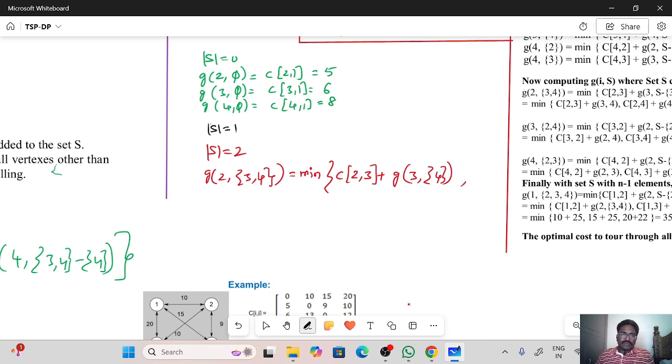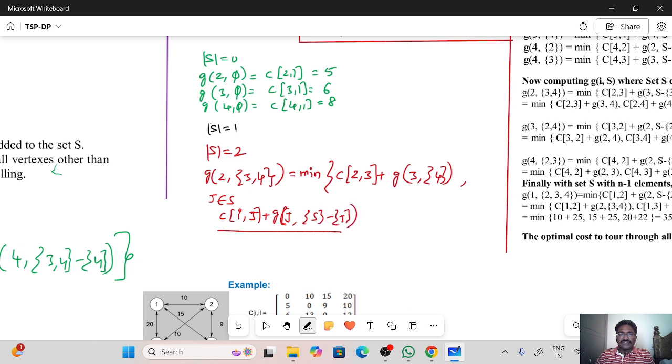One more equation is also possible, because within the set 2 vertices are there. As of now, we formed the equation using one vertex, that is 3. If I go with 4, then when it is a variable, I simply say j belongs to the set, minimum of cost of i j plus g of j with the set minus j.